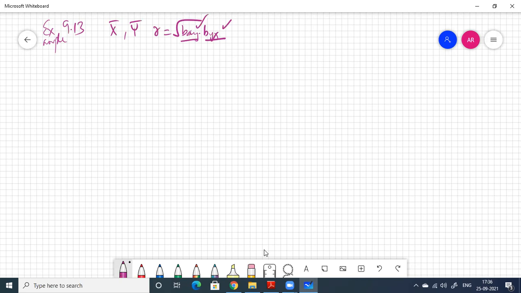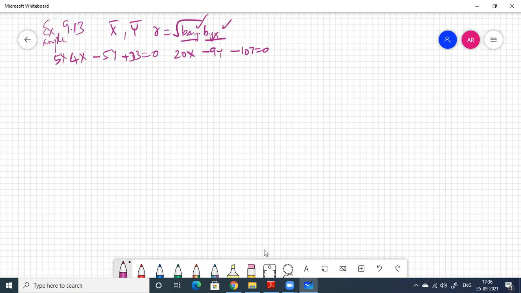Same way, two equations are given. One is 4x minus 5y plus 33 equal to 0. The other one is 20x minus 9y minus 107 equal to 0. Now what you can do, this one you can multiply by 5, you will get 20x.